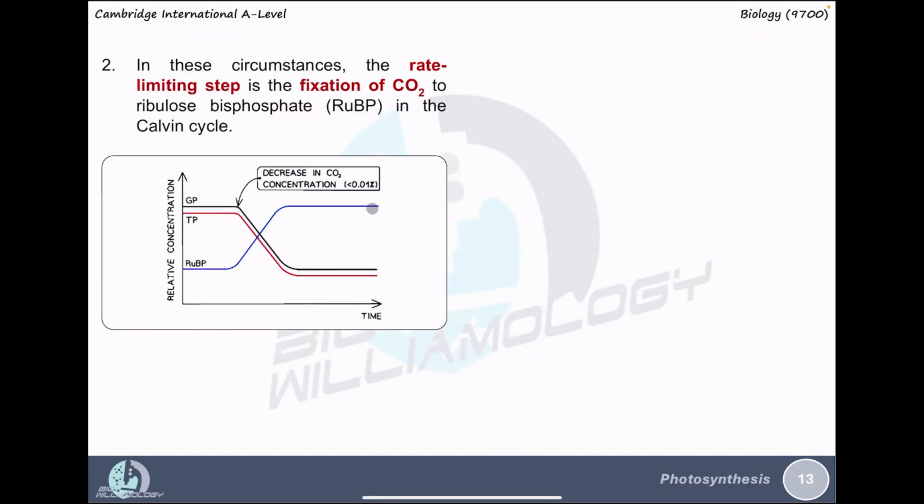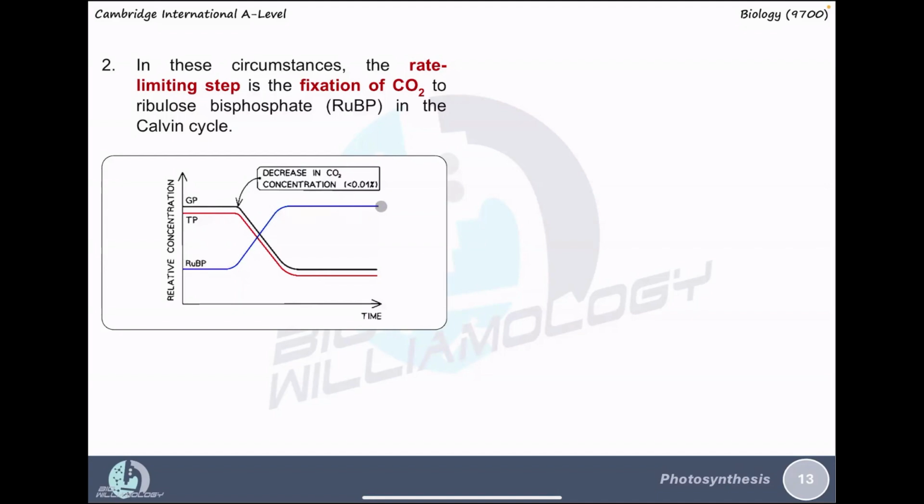So without sufficient CO2, RuBP cannot react with CO2, and RuBP consumption is reduced. However, TP is still used to regenerate RuBP, and RuBP can't react with CO2 because of insufficient CO2. Therefore, RuBP concentration increases.